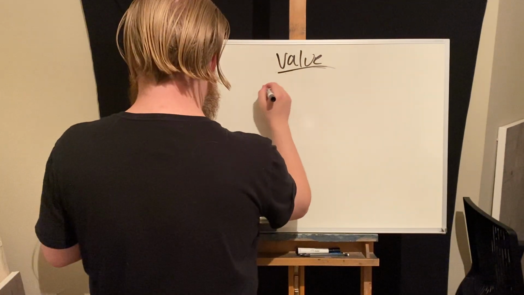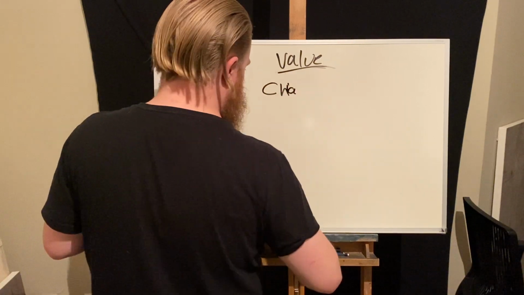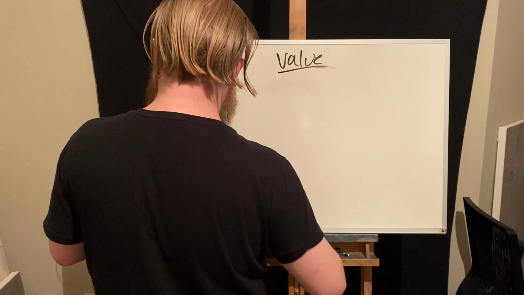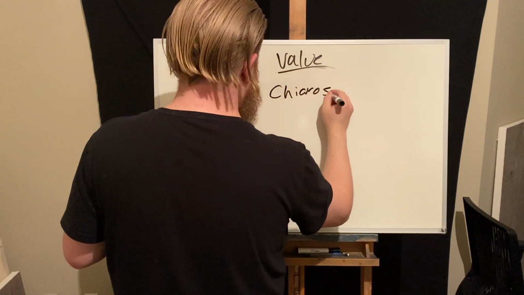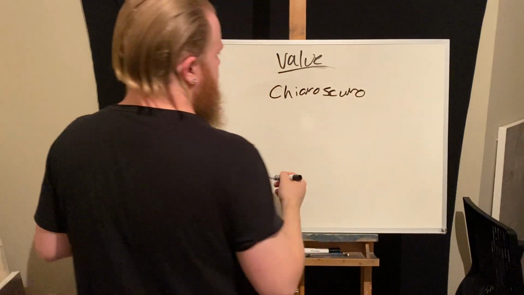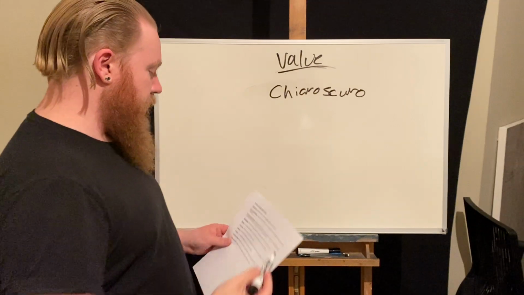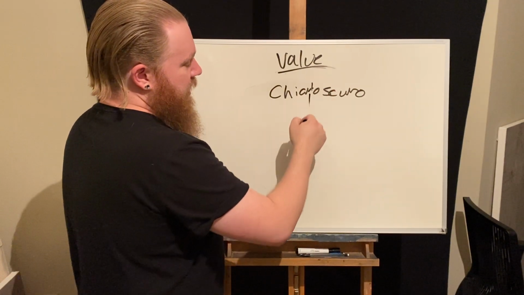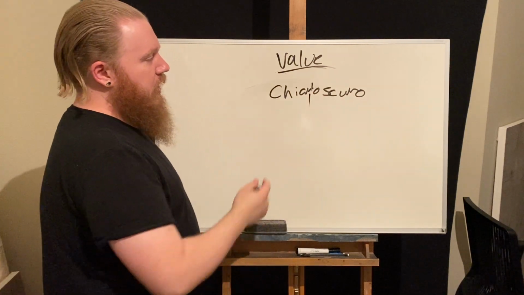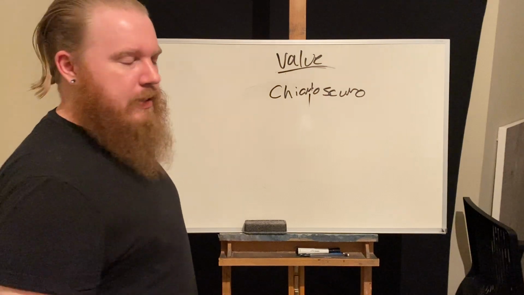Which brings us to chiaroscuro. And this is an Italian word. It literally means light and dark. So chiaro means light, and oscuro means dark. But this is when we have a very violent contrast between light and dark.